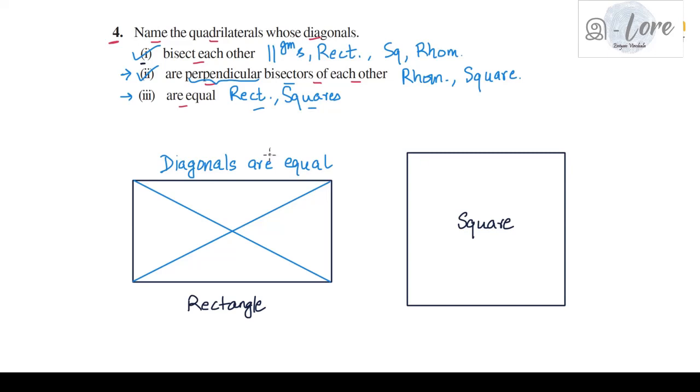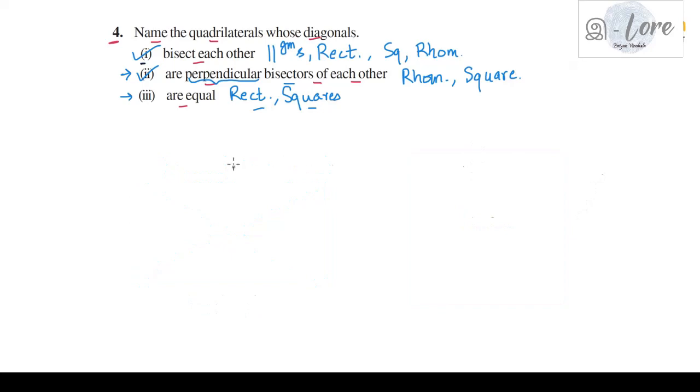But the thing is that you can also have other kinds of quadrilaterals in which the diagonals are equal. And let me show you an example of that. So let's draw a quadrilateral ABCD in which the diagonals AC and BD are equal, but ABCD is not a parallelogram. To do this, first draw a segment that represents the diagonal AC.